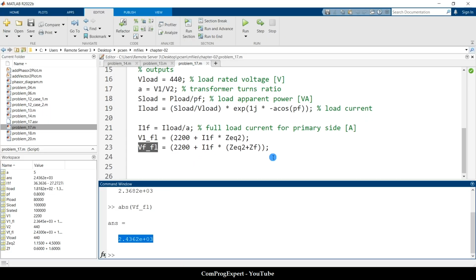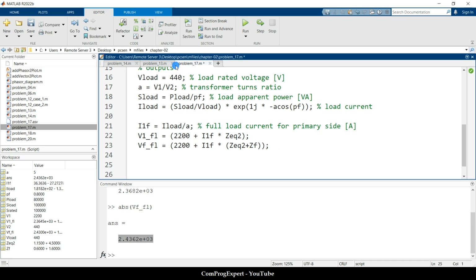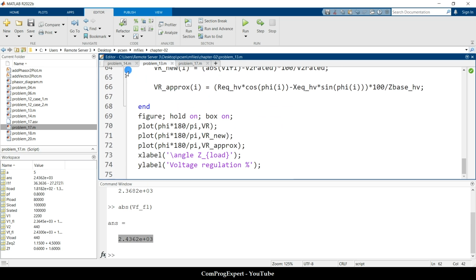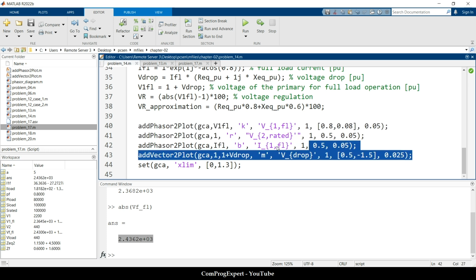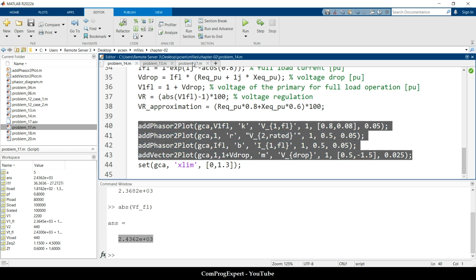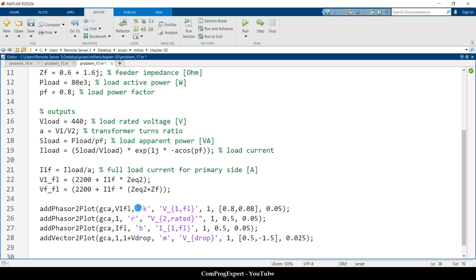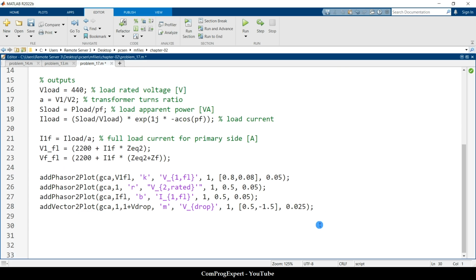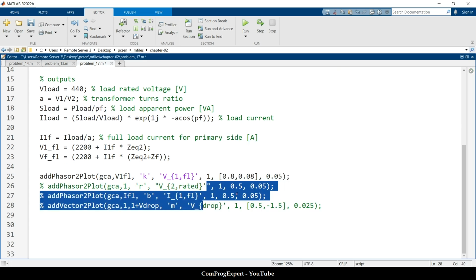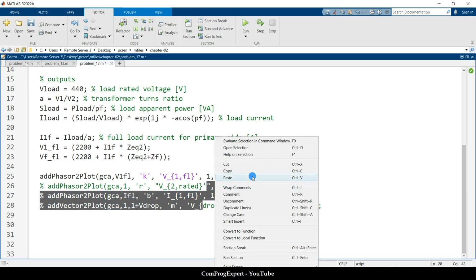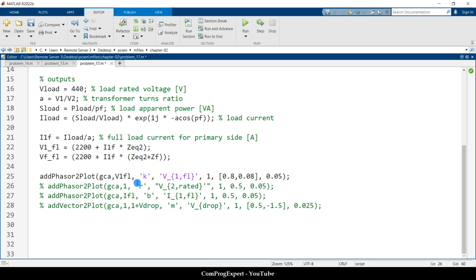How can we plot the phasor diagram? Let me copy the code here. We can plot this. So let's generate plots one by one. Comment this part of the code. You can use Control R to comment and Control T to uncomment the code.